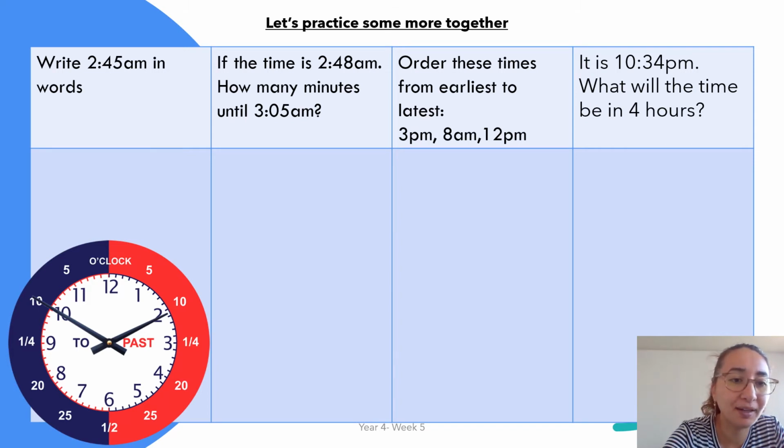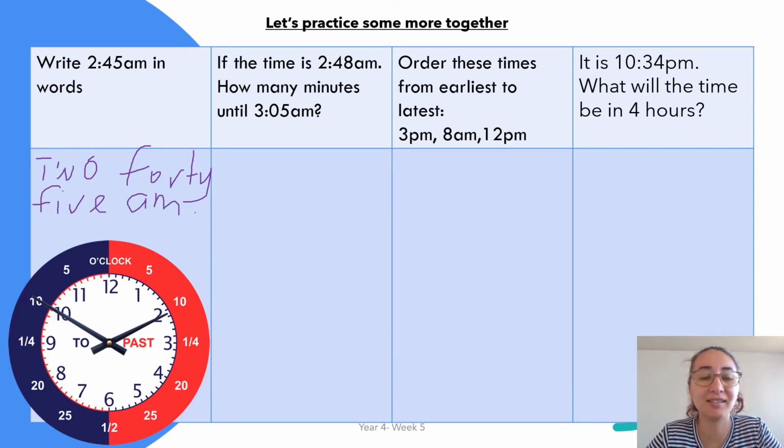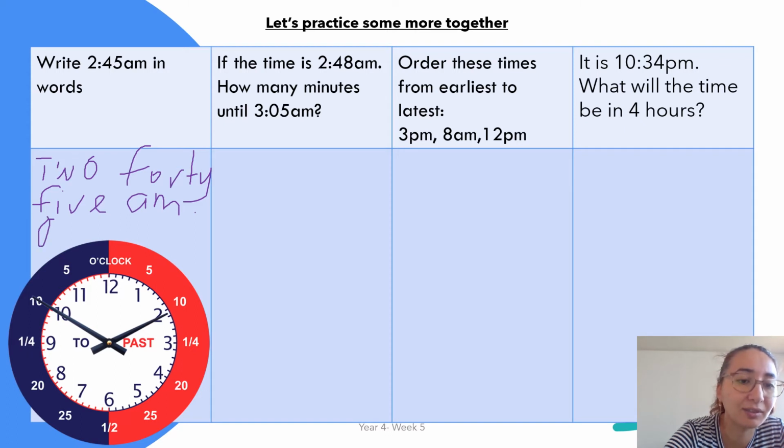But if we use our knowledge of quarter past, quarter to, we know 2:45 AM is the same as saying quarter to 3. So we could write that as well. So quarter.